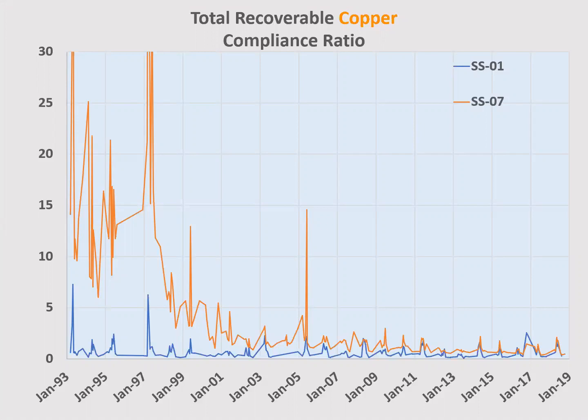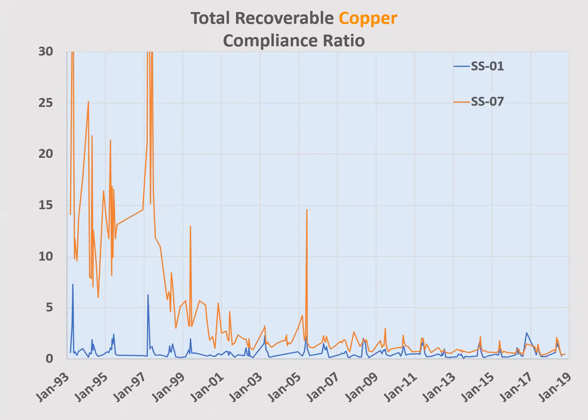The reason we use the compliance ratio is it naturally fits in: are you meeting water quality standards or not? The water quality standard for copper for aquatic life is based on the hardness in the stream. So you collect a sample, measure the amount of copper in it, measure the hardness of that water, then calculate the standard for that day at that time.